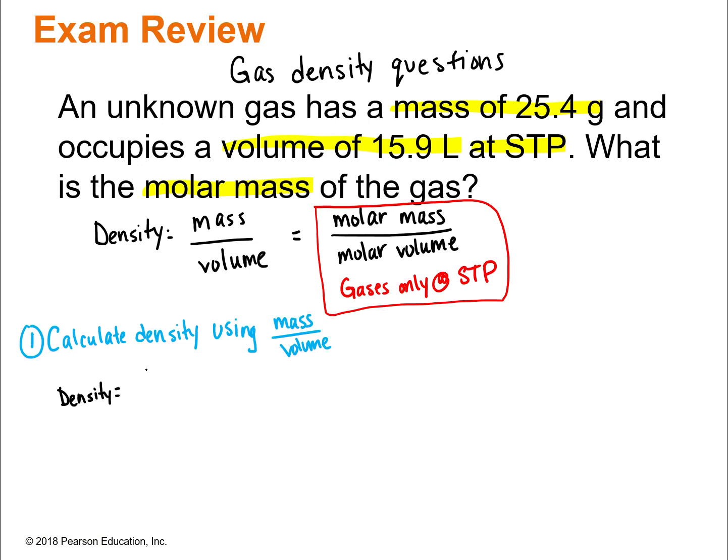We're given the mass, 25.4 grams, and a volume of 15.9 liters. Make sure that when you do this calculation that you have grams over liters, because that's what the units are for density of a gas.